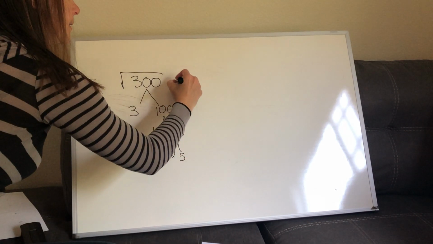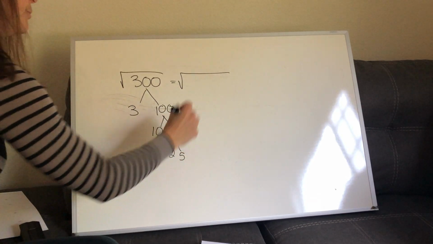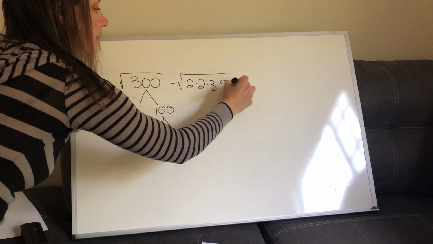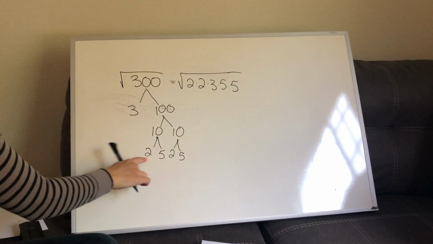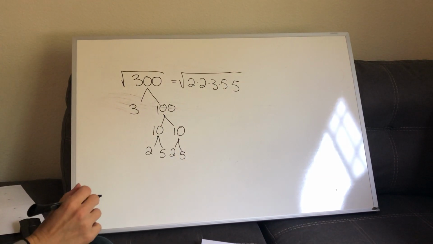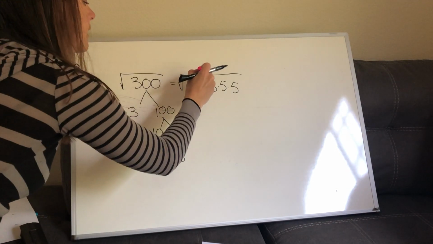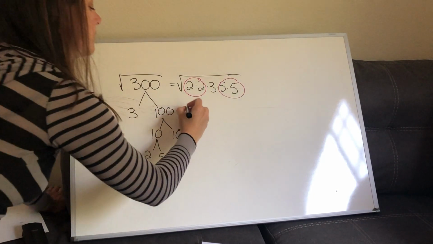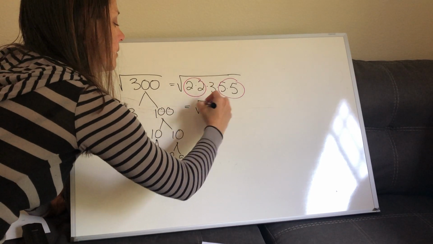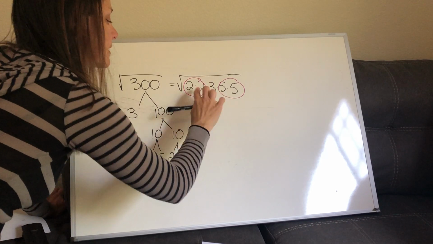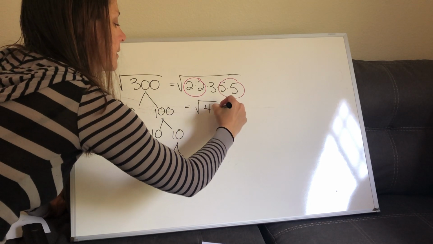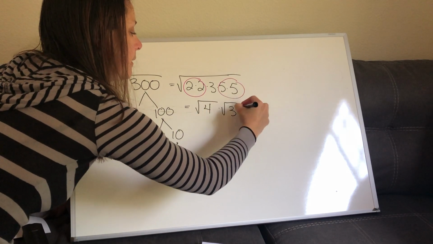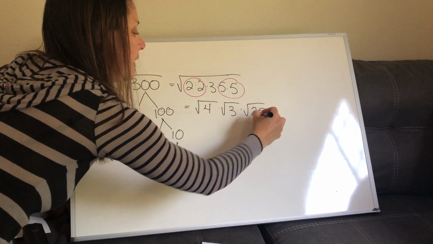Okay, so again, let me get all those in there. I'm going to put them in numerical order. That gets them all: 3, 2, 5, 2, 5. Okay, and again, looking for pairs. And I see a pair here and a pair here. So right now I'm going to multiply those because that's going to give me my perfect square. I'm going to leave this inside the radical because that won't break down anymore. Then 5 times 5 would give me 25.